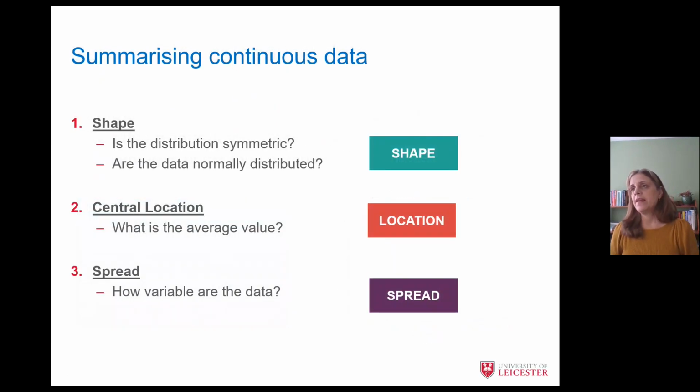Continuous data, there's a number of things to think about when you want to summarize continuous data. The first of which is the shape of the data, and this then affects what you report.